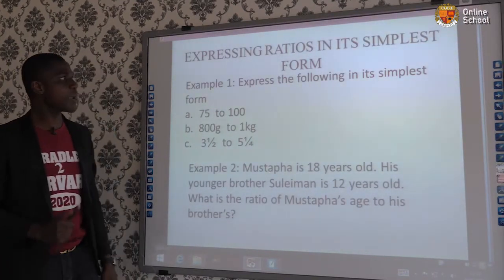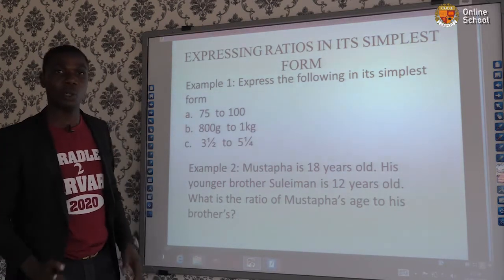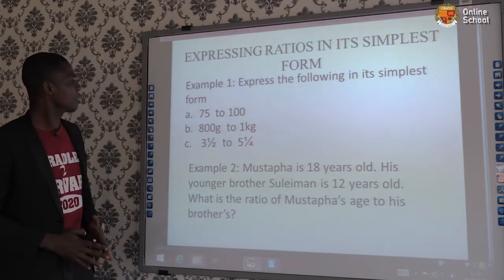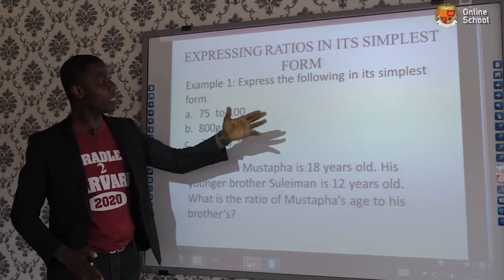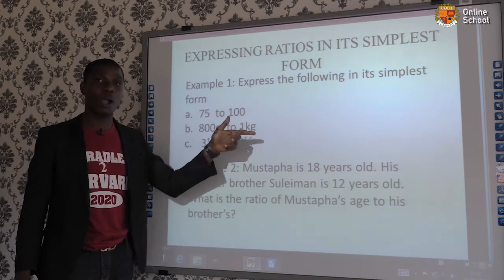Now, how do we express ratios in its simplest form or lowest term? We have some examples here. Express the following in its simplest form, 75 to 100.